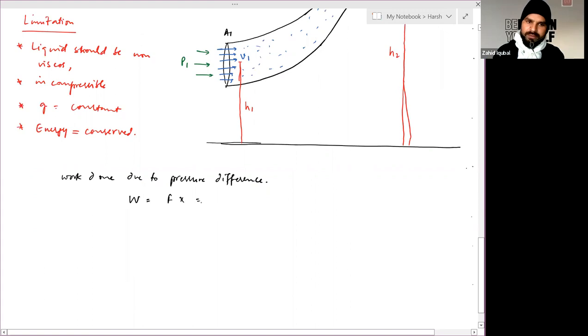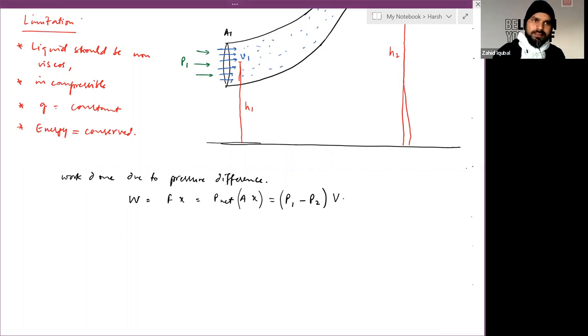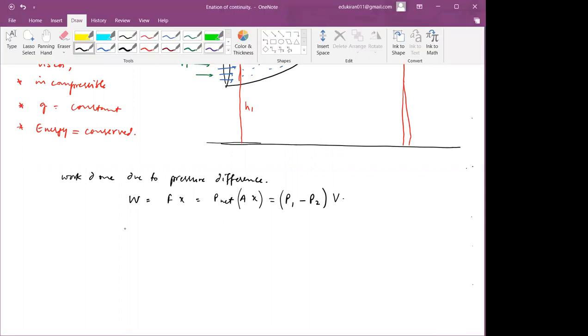We may write force in terms of pressure as net pressure times area of cross-section times displacement. Area of cross-section times displacement is also called volume. So it will be (P1 minus P2) times volume. Is it clear, Harsh? Yes, sir.